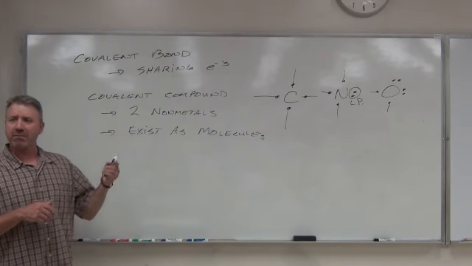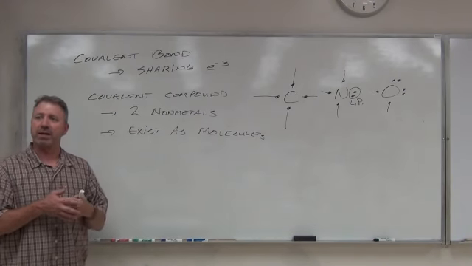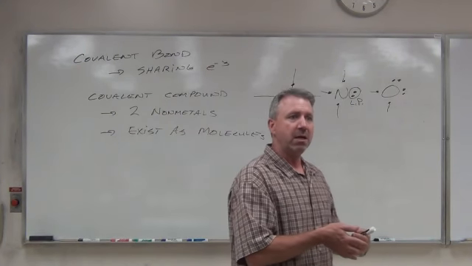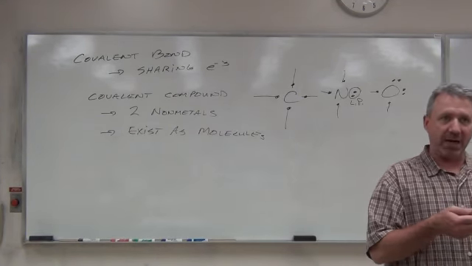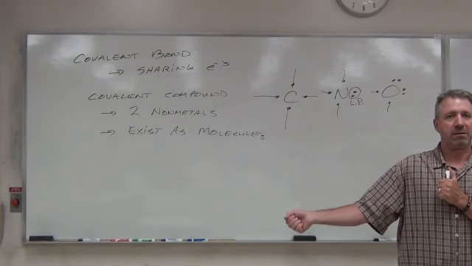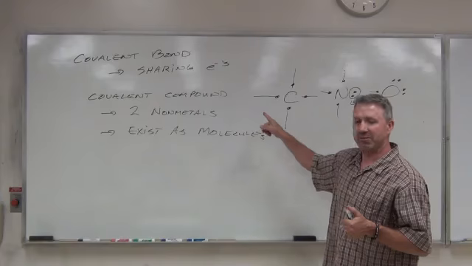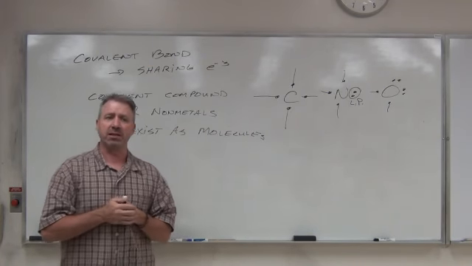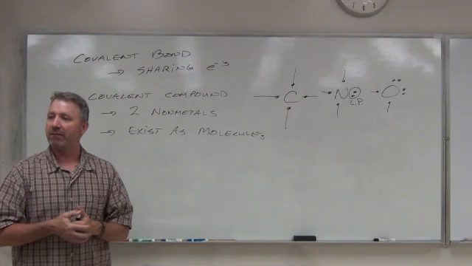If we know something about the geometry, we can make a prediction about whether the molecule is polar or not. You can have polar bonds in non-polar molecules. Remember we could draw a little vector. If they're 180 degrees to each other, they'll cancel each other out.